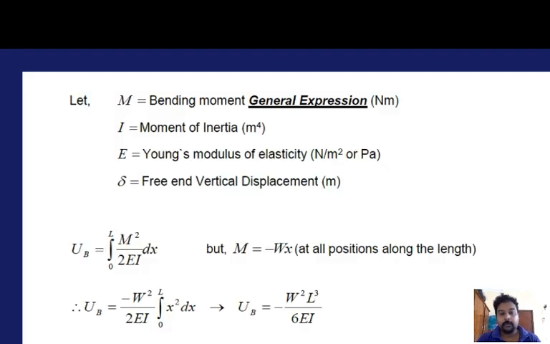So if you integrate the energy, minus W squared divided by 2EI times the integral of x squared dx, from 0 to L. After integrating x squared over the length, the total strain energy due to bending is equal to minus W squared L cubed divided by 6EI.